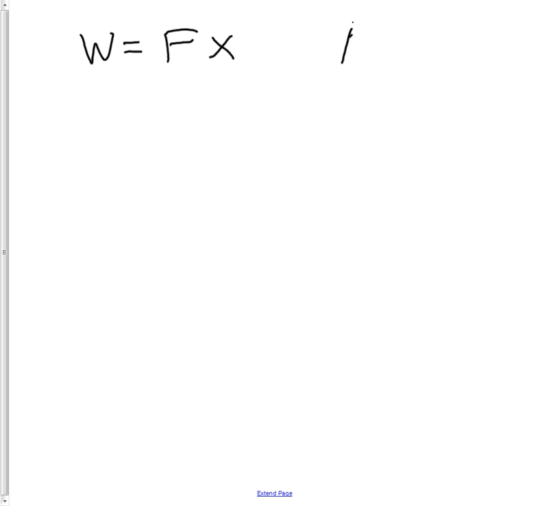Here's my mass, here's the vector x, and just to keep things simple, I'm going to drop the x component and write f sub x as just f.